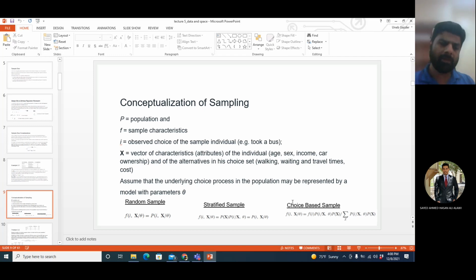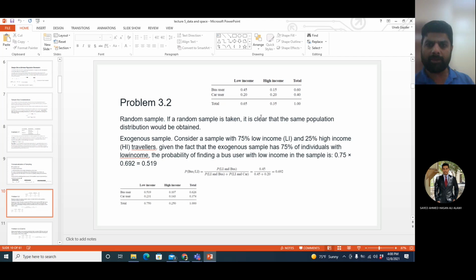How to find out the proportion or possibility that a person will choose mode I from the sample depending upon the type of sampling you are applying. And we looked at this problem. If you take a random sample, then the percentages will match with the actual data.